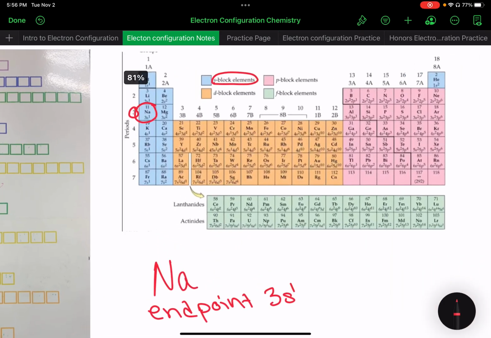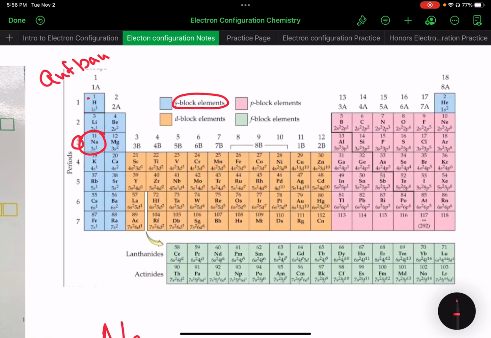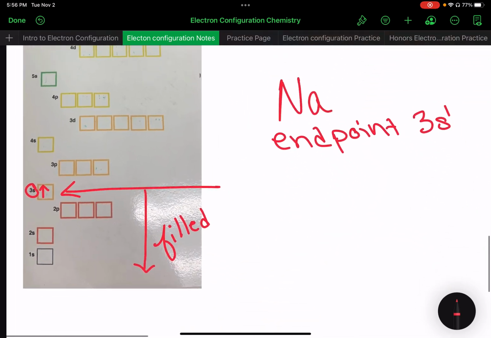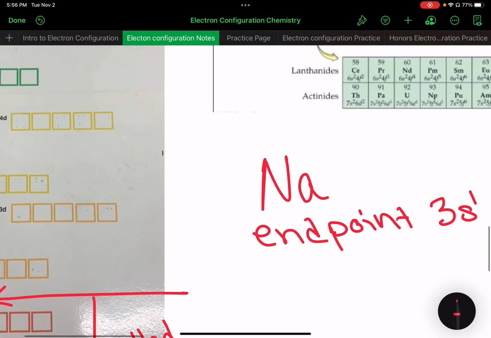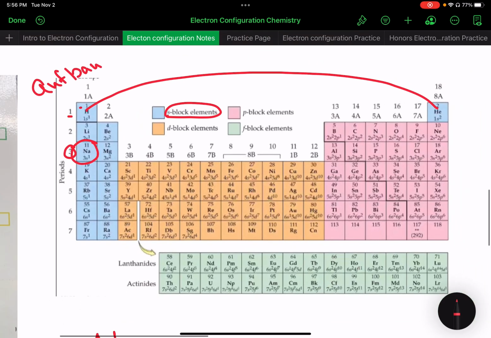And again, based on the Aufbau principle, I'm going to start here on row 1, S block, 1, 2. 1 up, 1 down. Then I'm going to slide down to row 2.